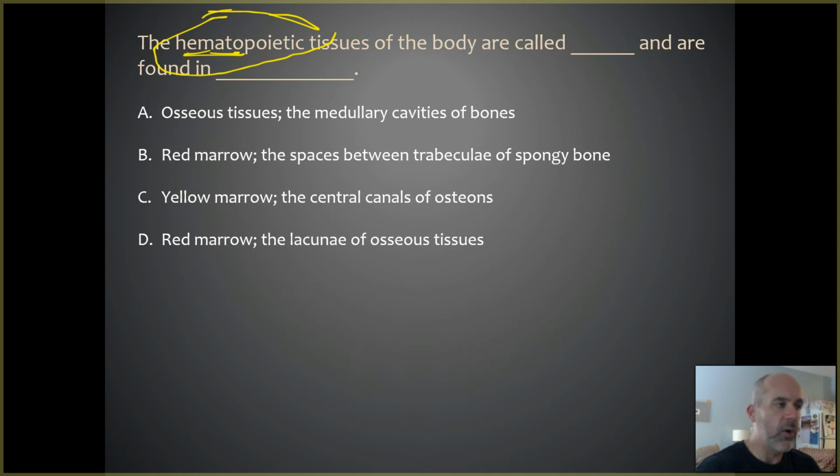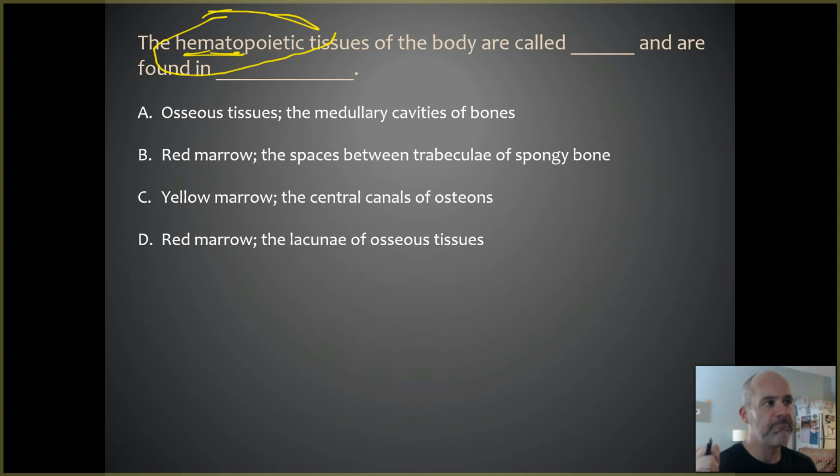And poietic or poiesis is referring to production, creation. So your hematopoietic tissues are the tissues in the body where your blood cells are created. And so is that going to be red marrow or yellow marrow? We'll narrow it down. Hopefully you're thinking red marrow. The red marrow, those are the tissues where blood cells are made.